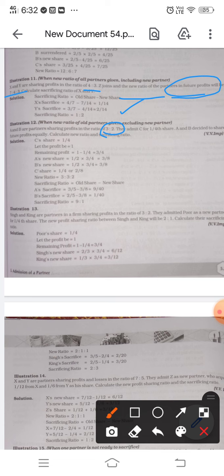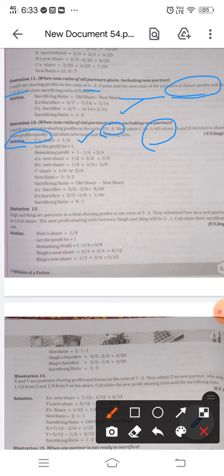They admit C as the new partner and his share is 1/4, and A and B decided to share the future profit equally. Calculate the new ratio and sacrificing ratio. So what is the C's share? That is 1/4. So in the sum, the new profit sharing is not given.